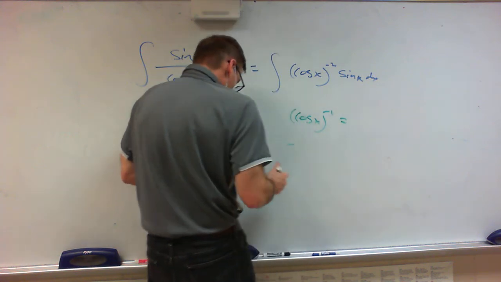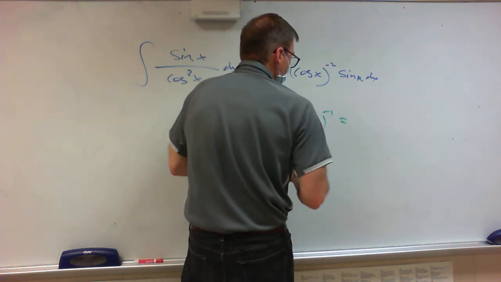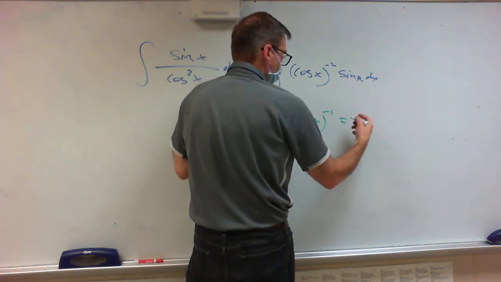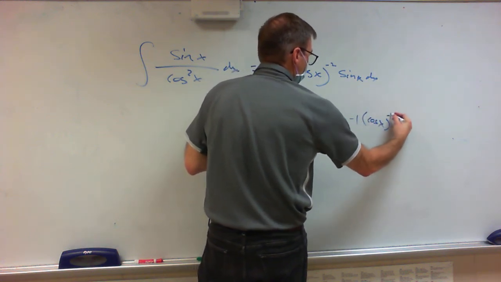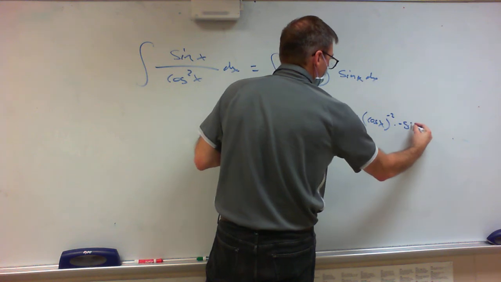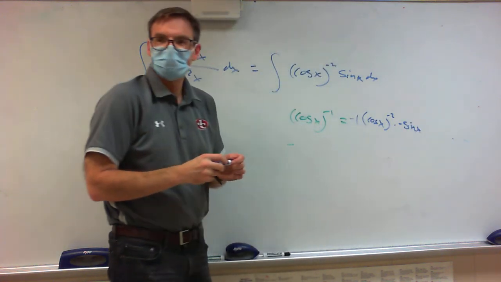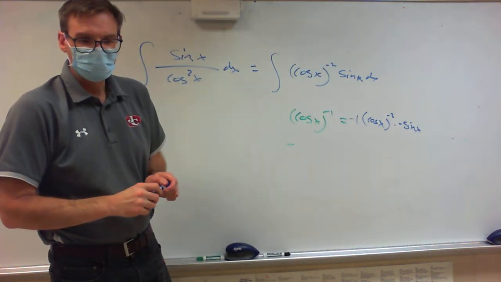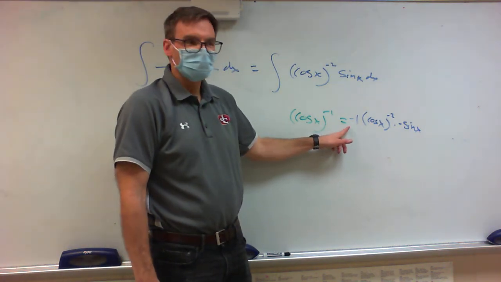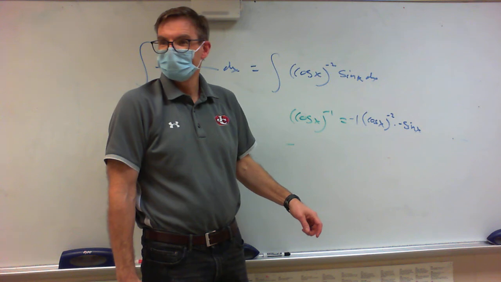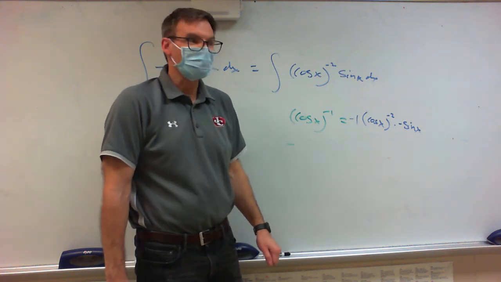And when we take the derivative, let's see, we end up with negative 1 times cosine x to the negative 2 times negative sine x. Okay. Yeah, it's just that. All right. So wait a minute. Do I need to change anything? No. Oh, I was good at guessing, wasn't I?